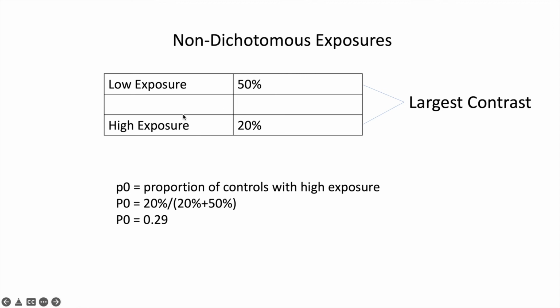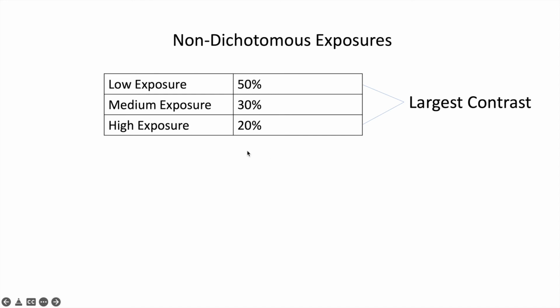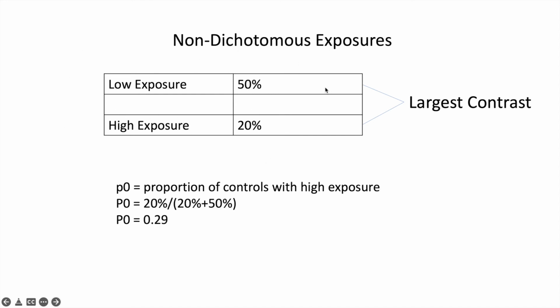So now we're expecting that our controls are going to have this distribution, because this distribution here is in our population. So the proportion of this new population that only includes low and high that is exposed is 20% over all of it, so 20% over 20 plus 50 comes out to about 30% of the controls, which is synonymous with our general population being exposed.